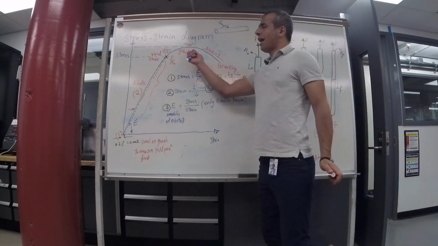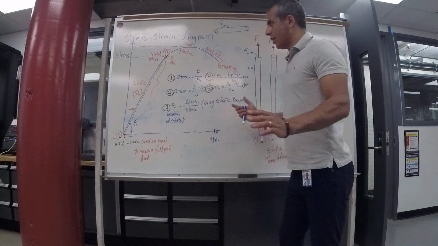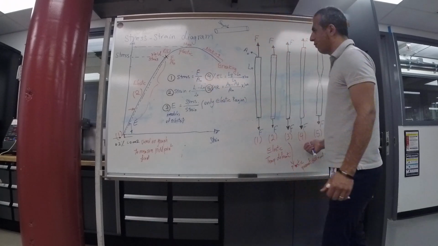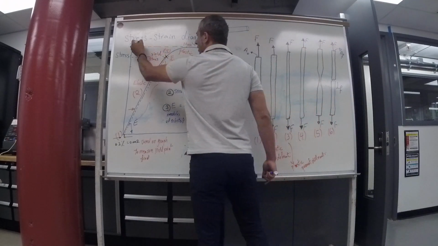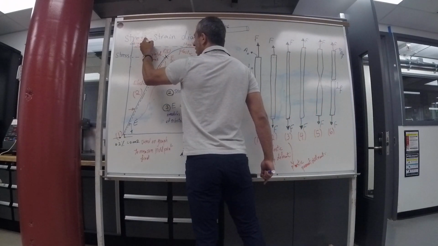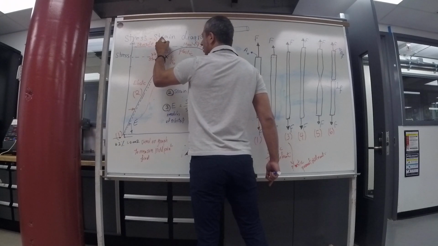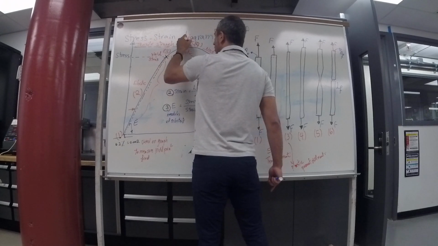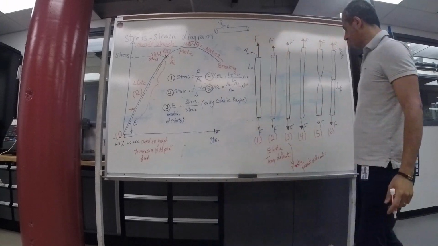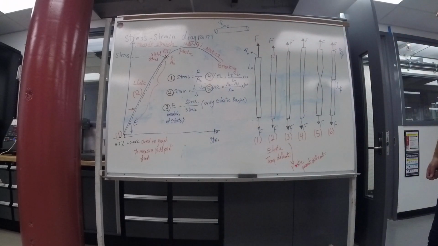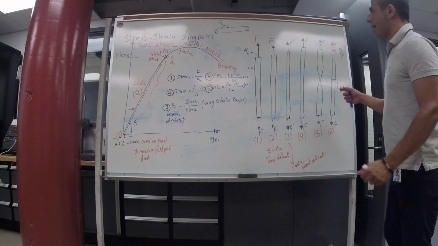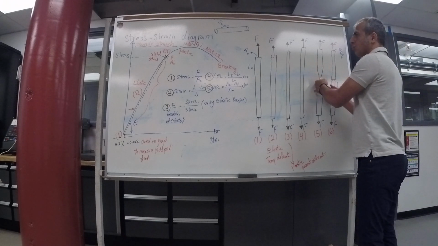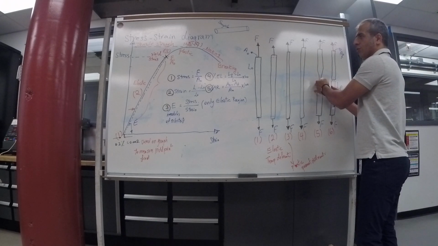At 3, plastic deformation means everything is permanent. We increase the force at 4. The max happens at 4. We name that tensile strength. After the max, nothing happens to the length, and the area starts to reduce.